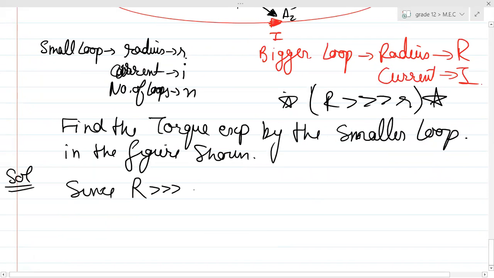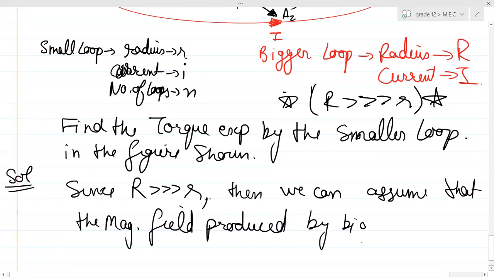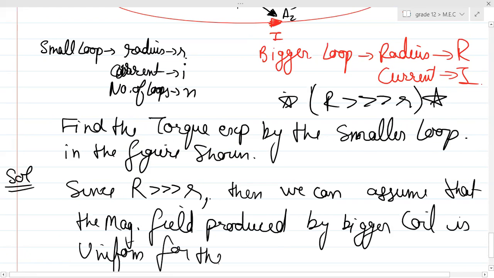Since capital R is much greater than small r, we can assume that the magnetic field produced by the bigger coil is uniform for the smaller coil.